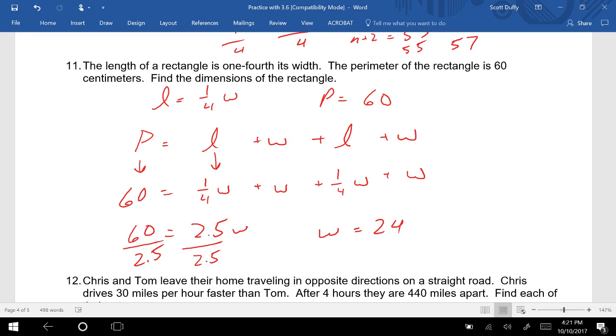So that's the width. Now the length is equal to 1/4 of W, which is 1/4 of 24, which equals 6. So the dimensions are 24 by 6.